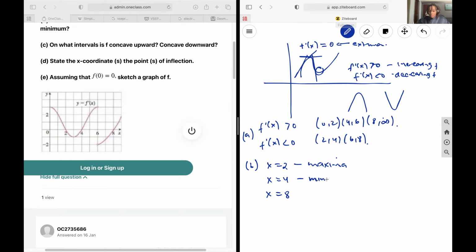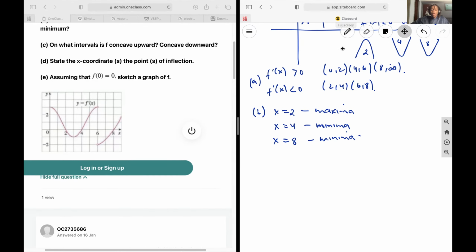That means that this is going to be minima. And then lastly, at x is equal to 8, again, we are going from the slope of the tangent line being negative, so a decreasing function, to positive, so an increasing function. And so x is equal to 8 will also be a minima point. And so that is going to be our answer to part B.